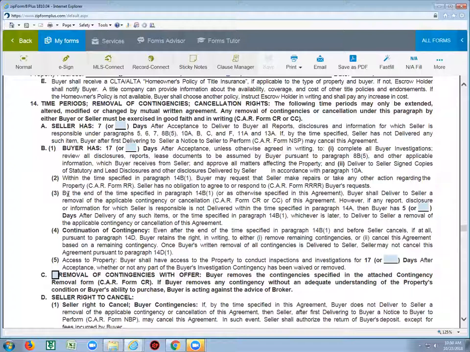Because when you sign this contingency removal form and give it to the seller, that means if you cancel, you just kiss your initial deposit goodbye. You have to make sure they understand what they are signing for. Don't just throw them under the bus and tell them to sign it. No, you'll get a lawsuit for that.